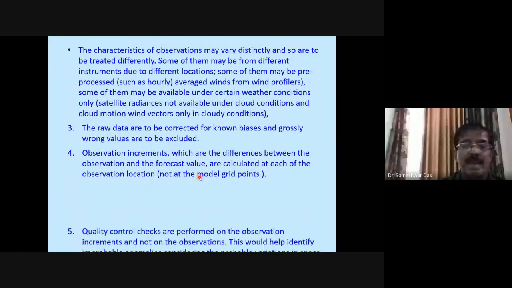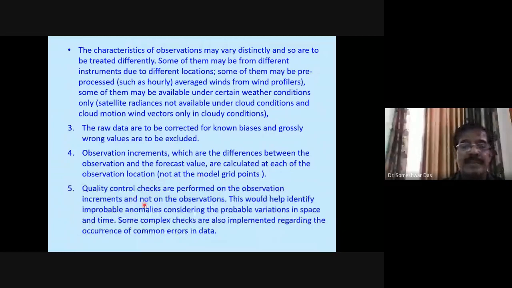Quality control checks are performed on observation increments and not on observations directly. This would help identify improbable anomalies considering the probable variations in space and time. Some complex checks are also implemented regarding the occurrence of common errors in data, right? So you are performing the checks on the anomaly, not directly on the observations.